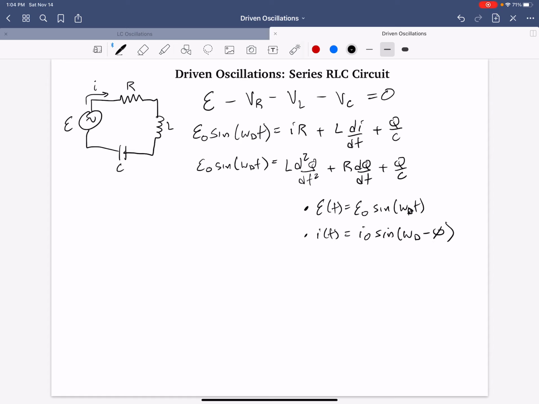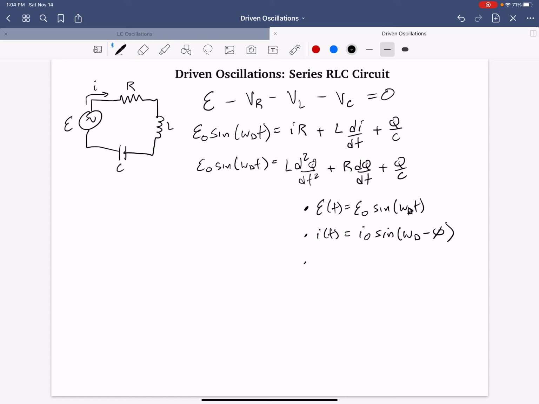Notice that the current has a phase angle. It will have a non-zero phase from the EMF because it has an inductor, capacitor, and resistor all in series affecting it. It will never have the same phase as the EMF, so we have to have that phi in there.